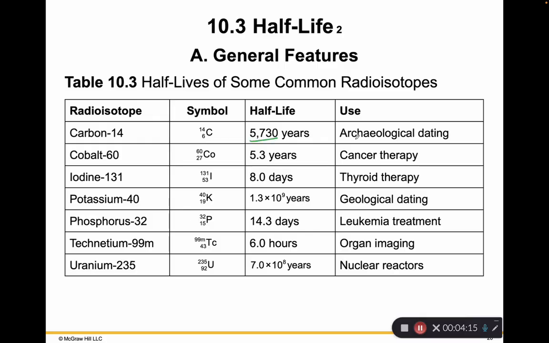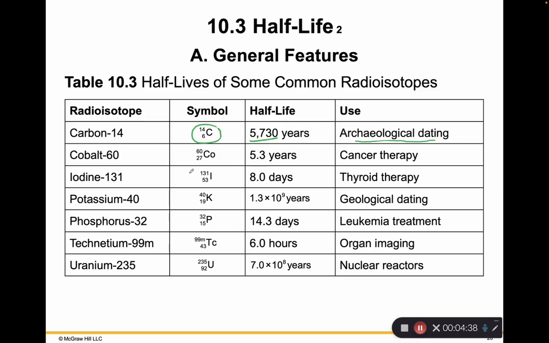We use carbon-14 in archaeological dating. We call it carbon radiodating or carbon dating. In order to know the age of a certain artifact, we use carbon-14 as a reference.